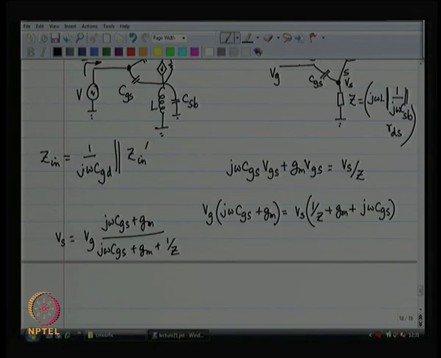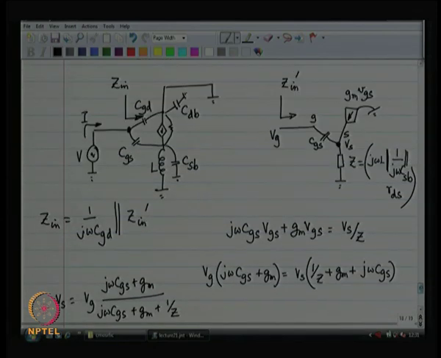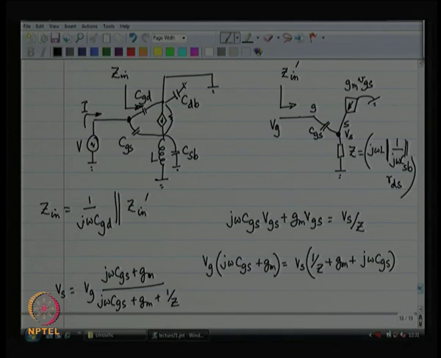Now, we have found out what is Vs, and therefore, we can find out the input current, right.